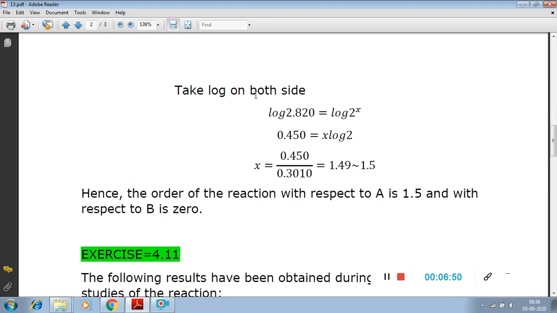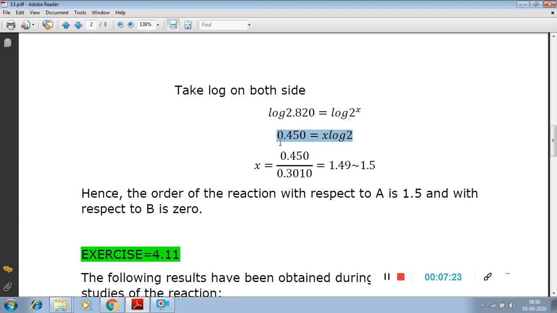Now take logarithm on both sides. So log 2.820 is equal to log 2 raised to x. Now x is in power of 2, so that will come in multiplication, and log 2.820, that is 0.450 value of that log. Now from this equation you can make formula for x.